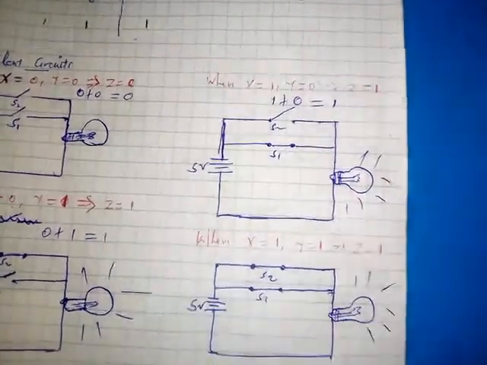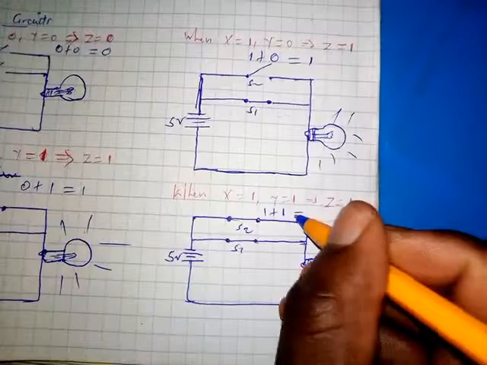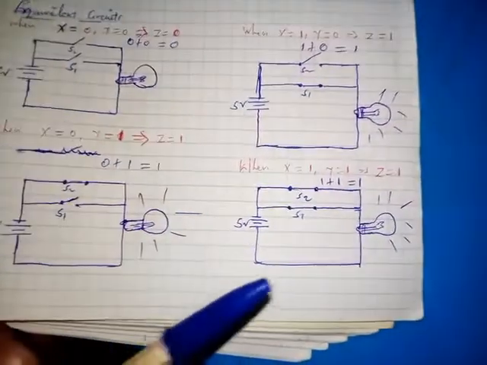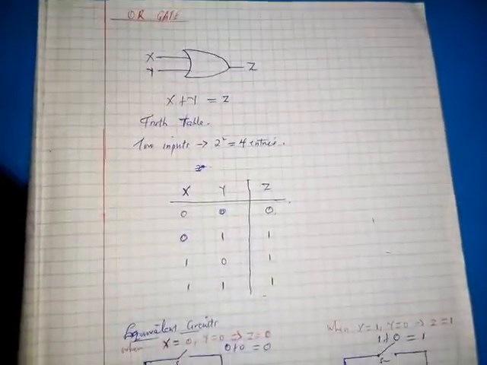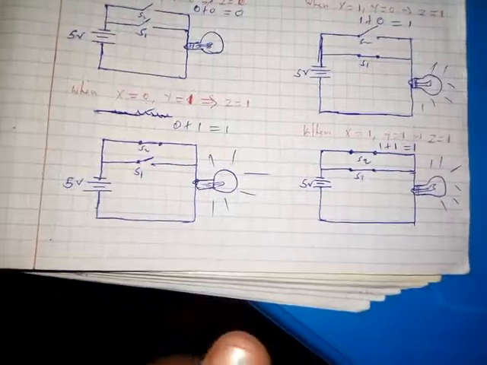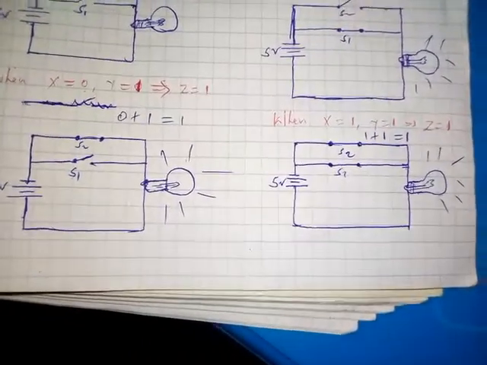Then for this one, it is 1 plus 1 is equal to 1. And up to that point, I hope that we are through with the OR gate.